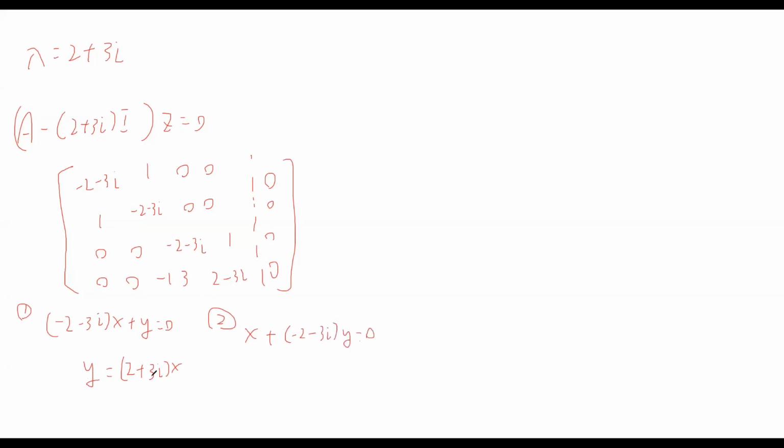And then we know y is equal to 2 plus 3i x. Right, so x plus -2 minus 3i times 2 plus 3i x equal to 0. All right, and then we have x minus 4 plus 12i minus 9 times x is equal to 0.